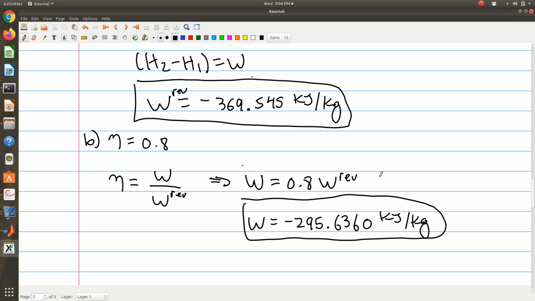So we could calculate the difference in work output for the reversible process relative to the actual process, and that's just going to be equal to 0.2 times the reversible work.